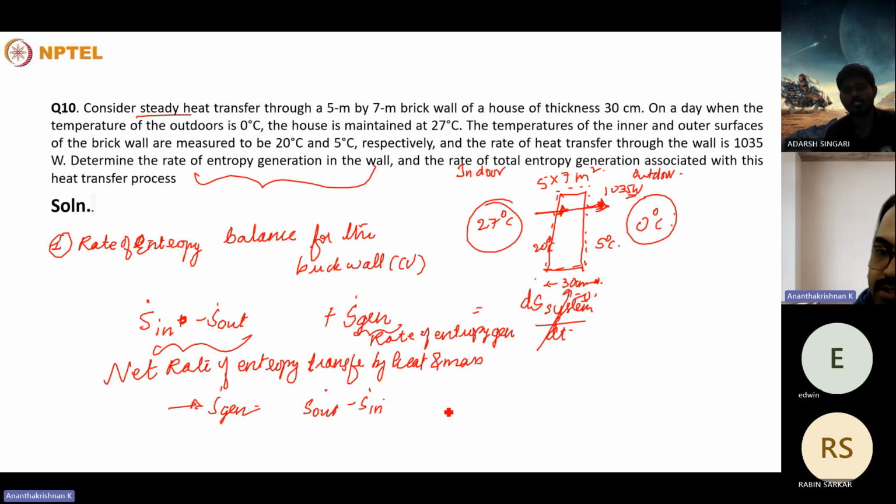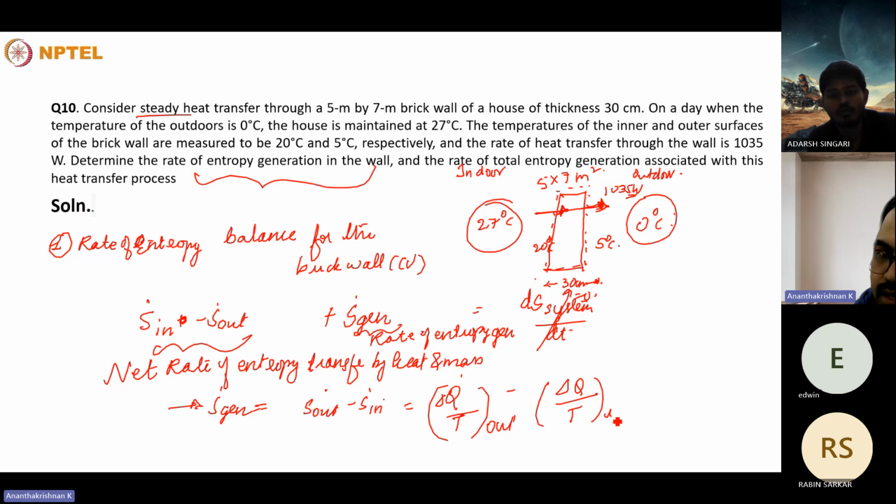So this will be equal to Q divided by T out minus Q divided by T in. We are taking the magnitude of it.